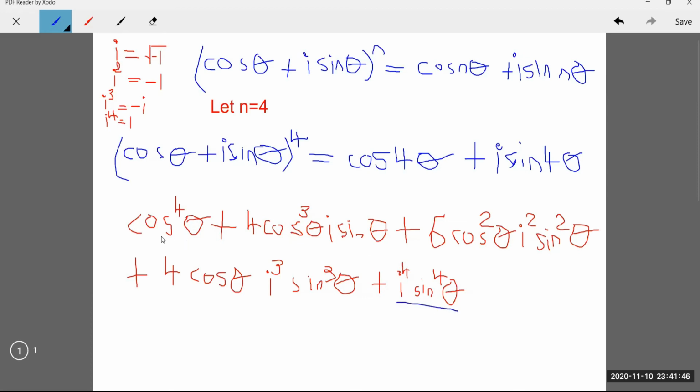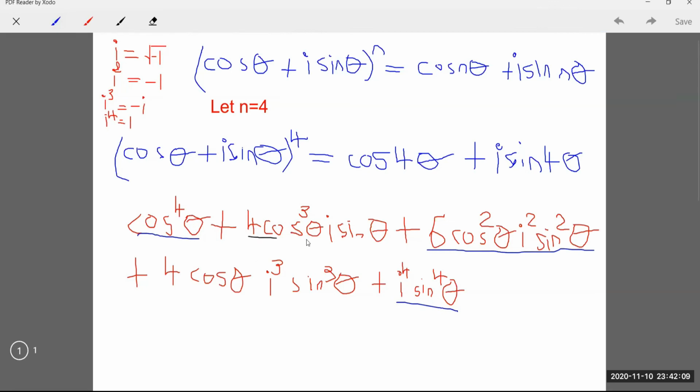Cos to the 4 is a real number. 4 cos cube theta, I sine theta, that's imaginary. I square is going to be real. So all of these, we can just throw those away. We're going to equate the imaginary part. So equating the imaginary part, this is what we're equating.